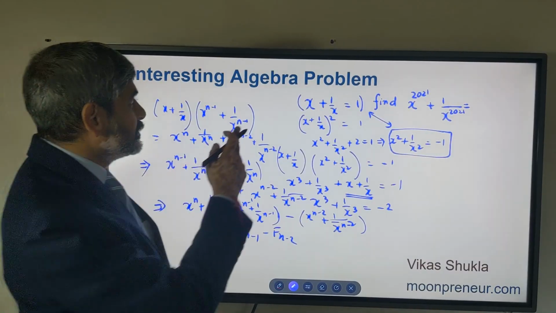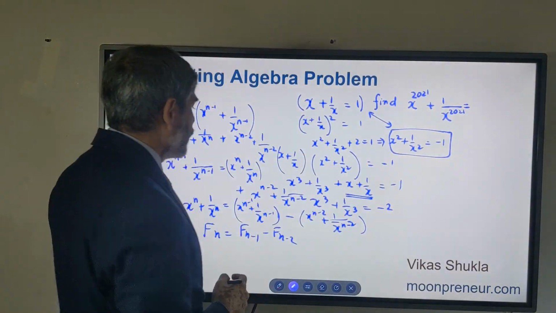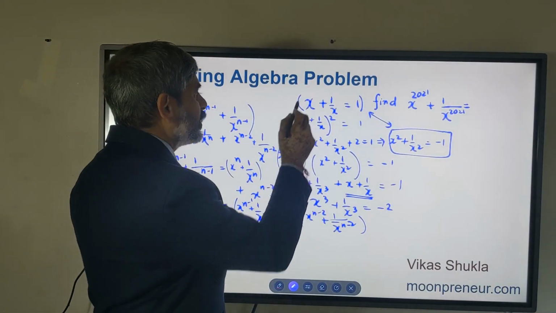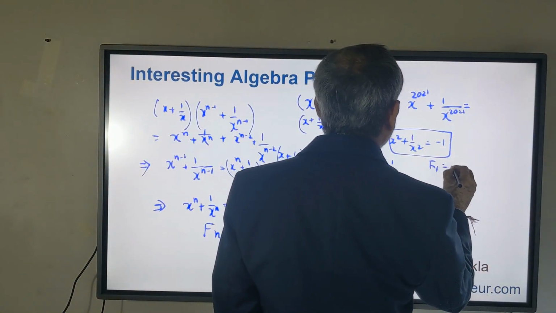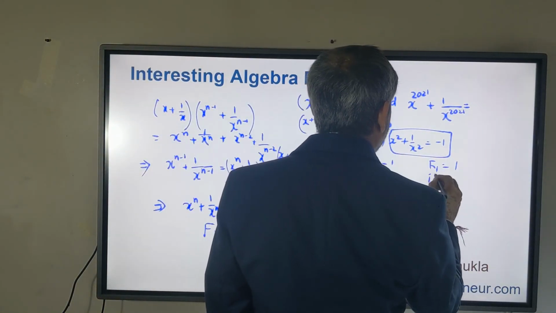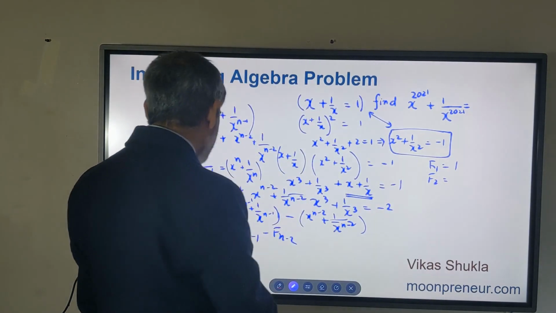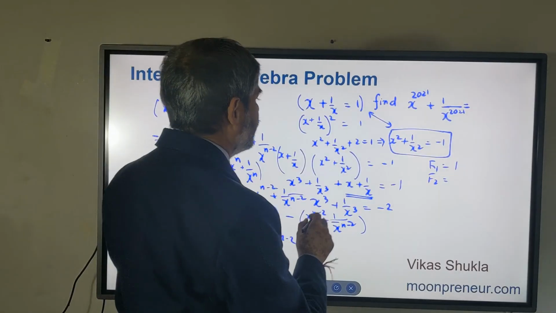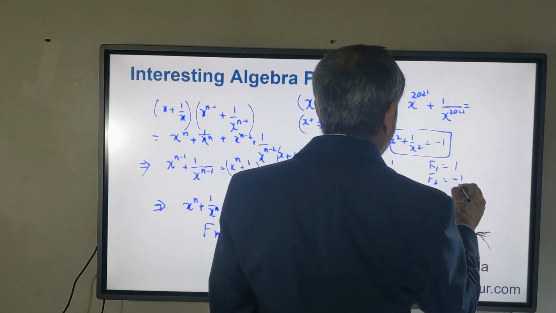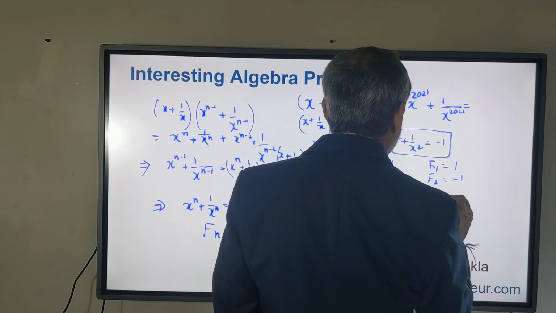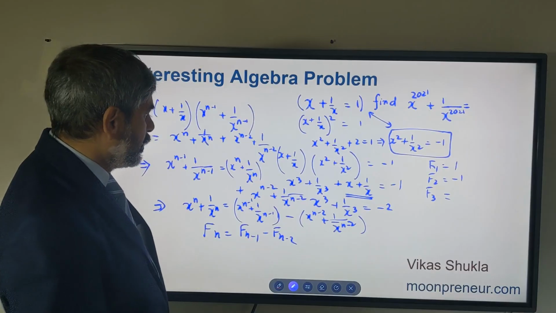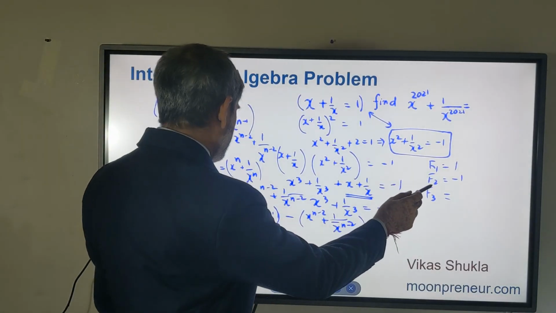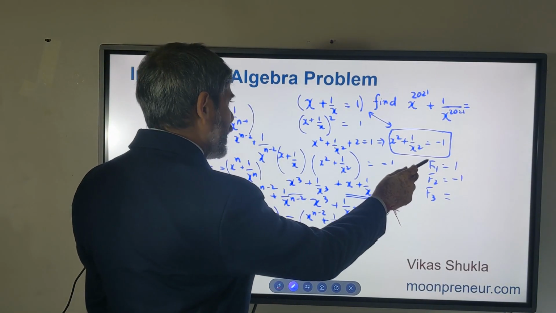And from here, let's call this one f1. f1 is equal to 1 and f2 we already calculated, it is -1. Then f3 is going to be f2 minus f1.